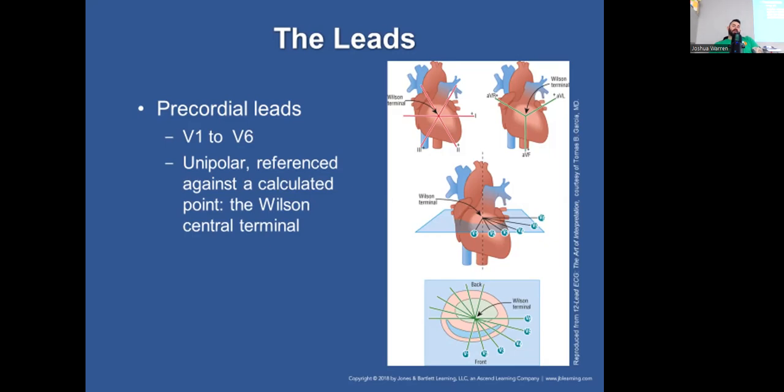Let's do that again. The limb leads view it from up, down, side, and back. The precordial leads, V1 through V6, are unipolar. What does unipolar mean? They have one polarity. One polarity, and they view the heart in a horizontal plane.